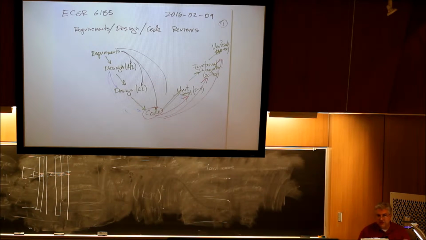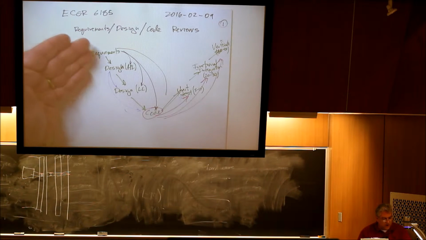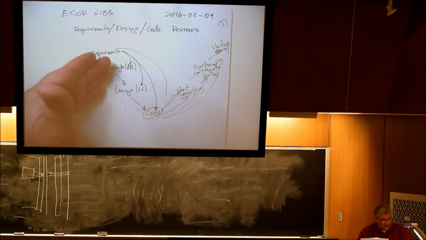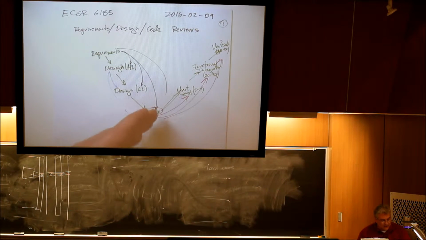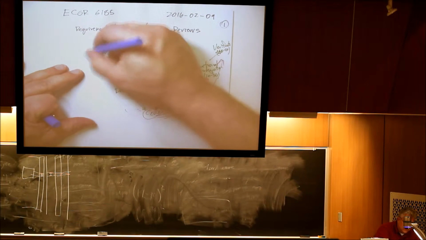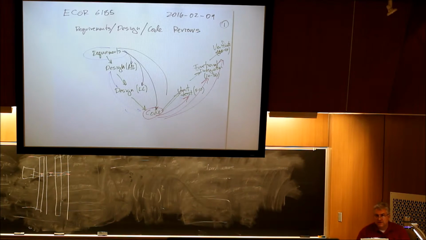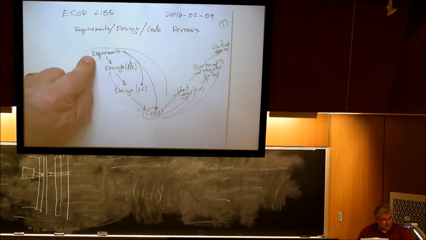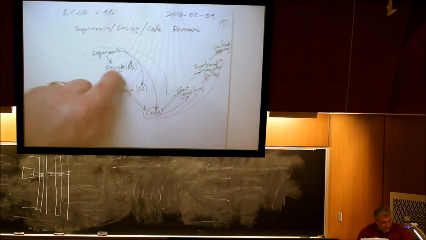So as you can imagine, as you're going through requirements, high-level design, low-level design, code, etc., where is it best to fix problems? Well, it's good to have good requirements up front, right? Because if you have bad requirements up front, it affects everything.